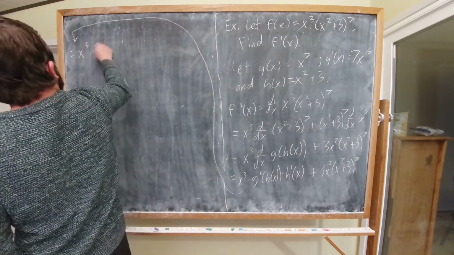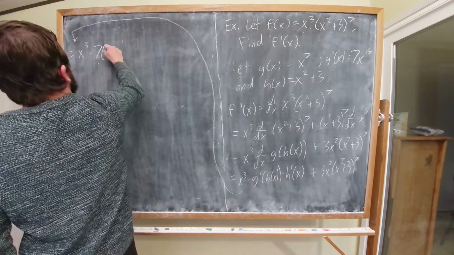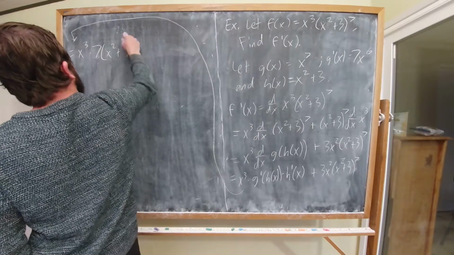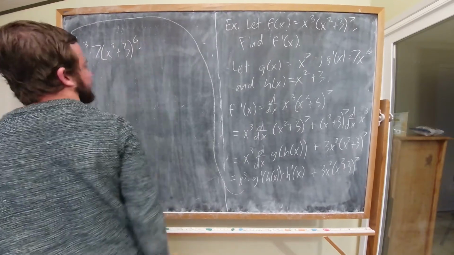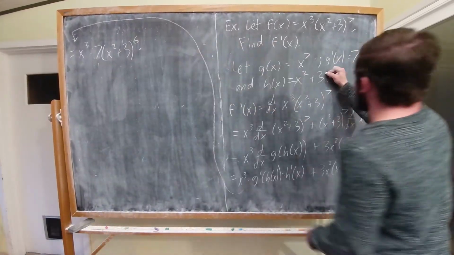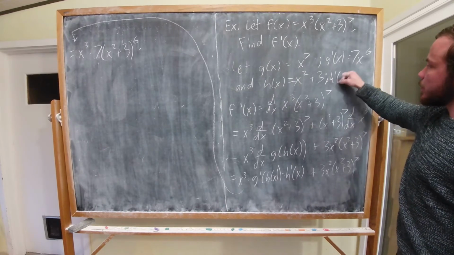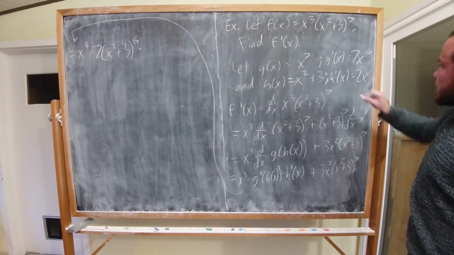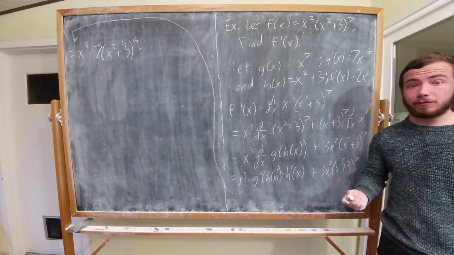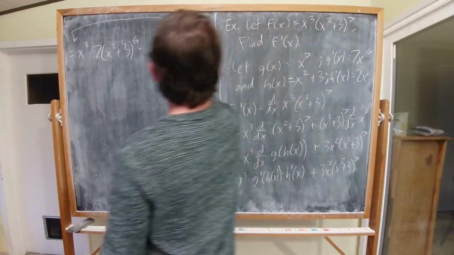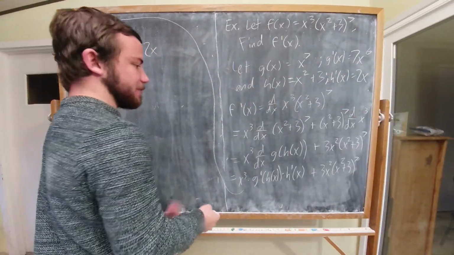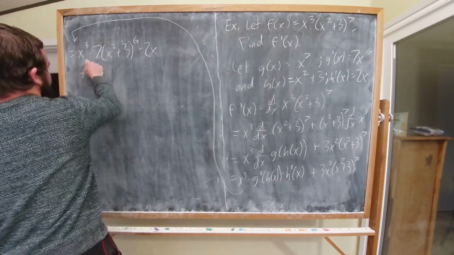So it'll be times 7(x squared plus 3) to the 6th power times, okay, h prime of x is just 2x, follows very quickly from the sum rule, times 2x. And then we still have that second chunk over there.